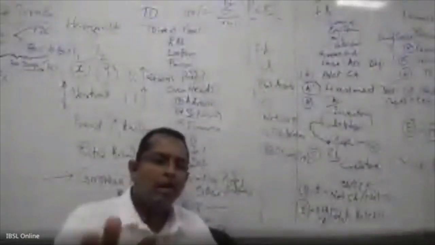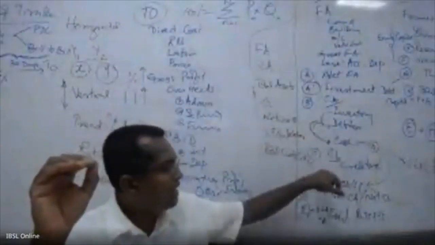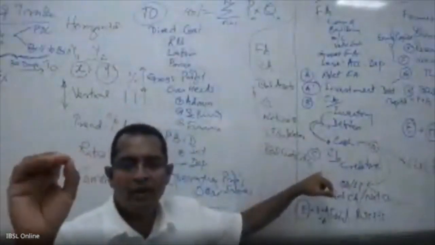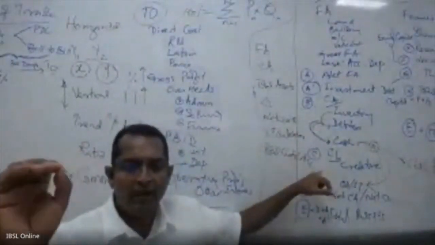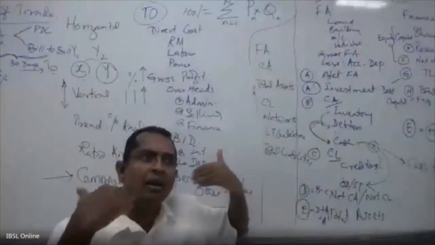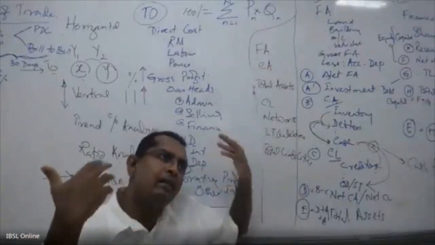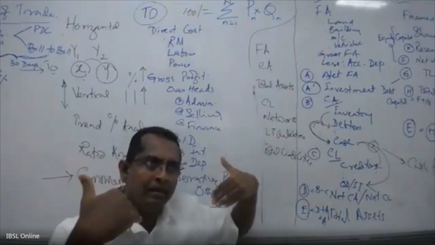So this is the current ratio: current assets divided by current liabilities. Who is bothered about the current ratio? The current liability holders. Why? This ratio shows what coverage the current liability holders have from the current assets.